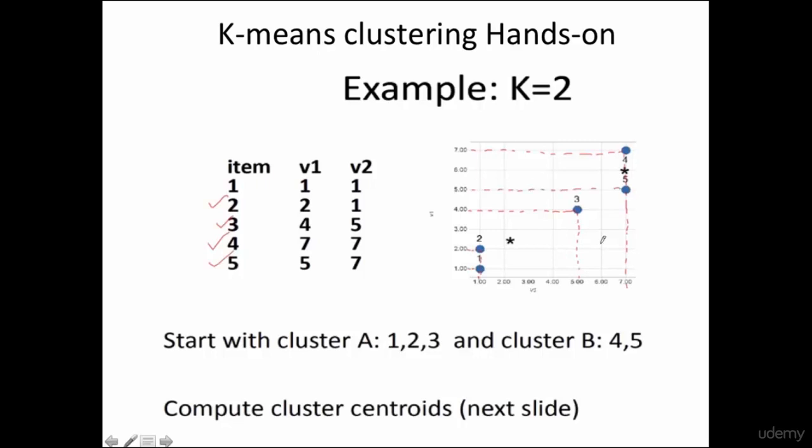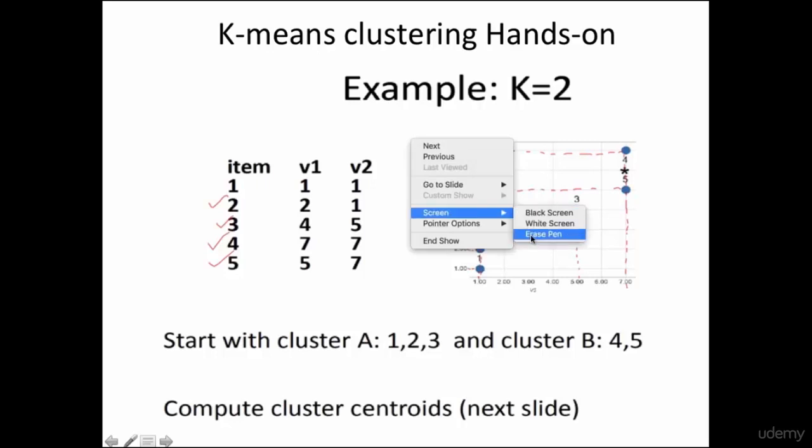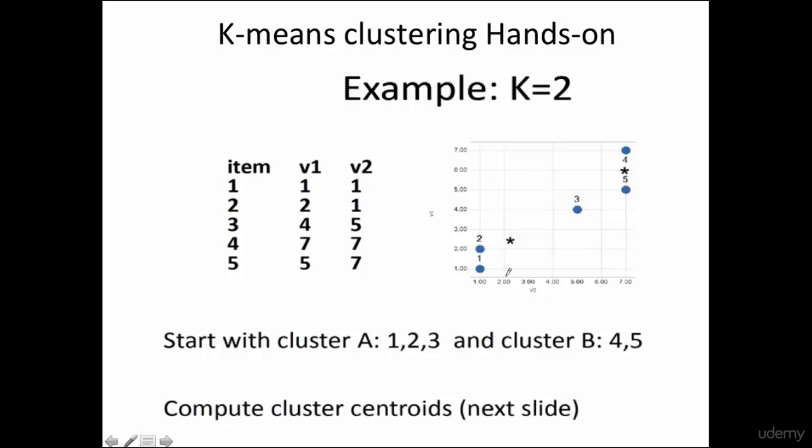Assume that 1, 2 and 3 are part of one cluster, and 4, 5 are part of another cluster. This is given the name cluster A, and this is given the name cluster B. We are saying K equal to 2, so it's 2 means clustering.